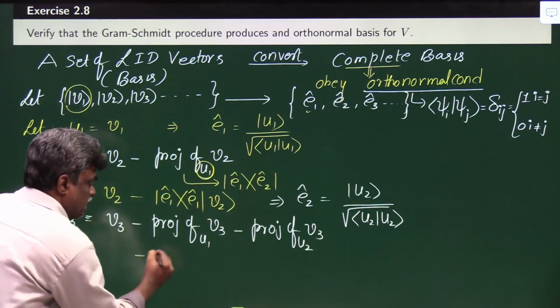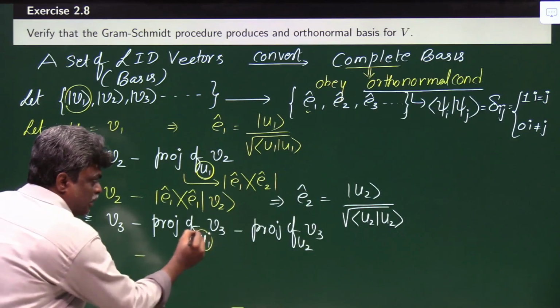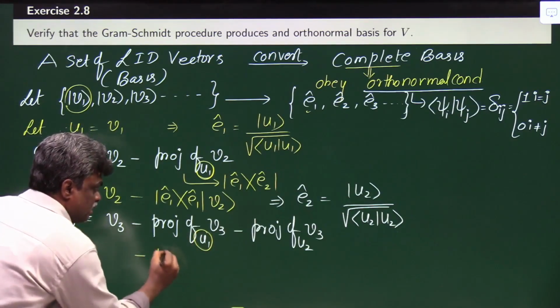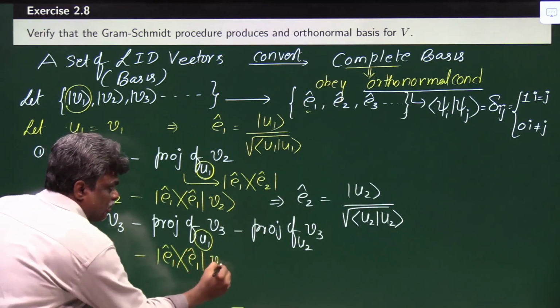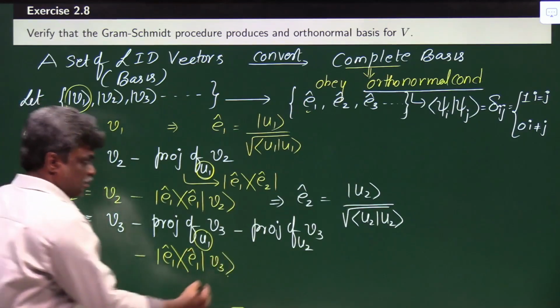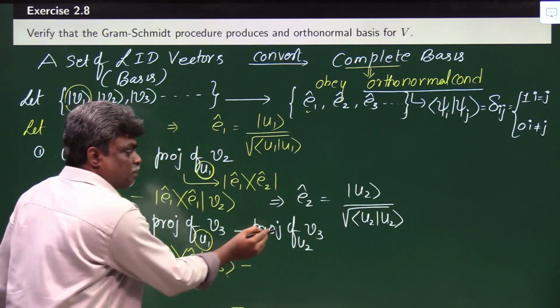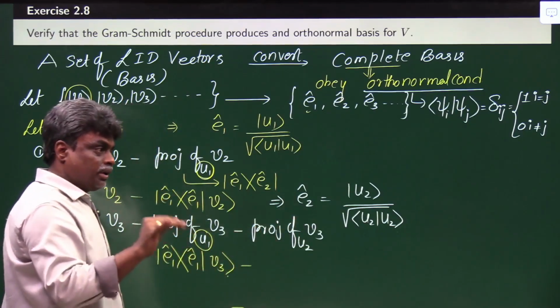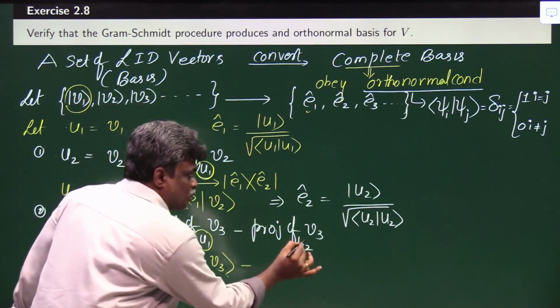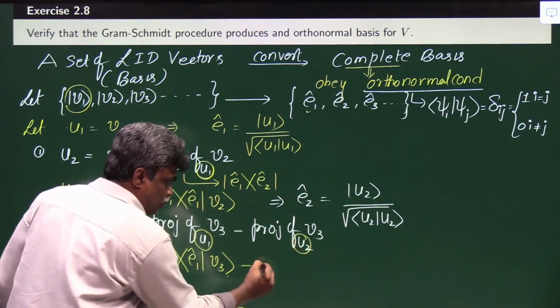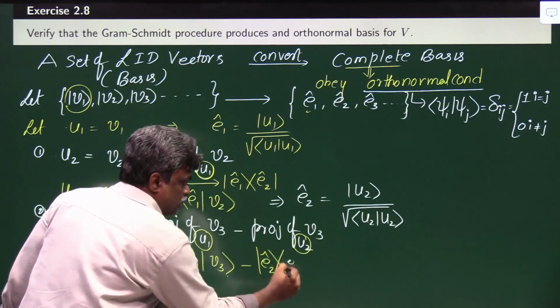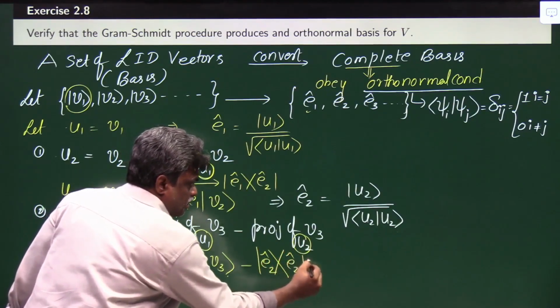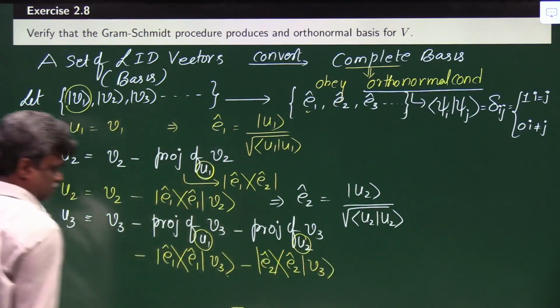So which is nothing but the projection operator corresponding to U1, this outer product, operates on V3 minus, this is the projection of V3 over U2. You just take the projection operator corresponding to U2, which is outer product E2, operates on V3.